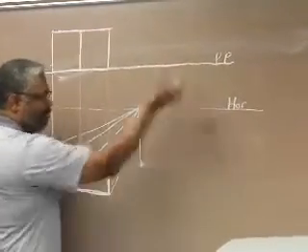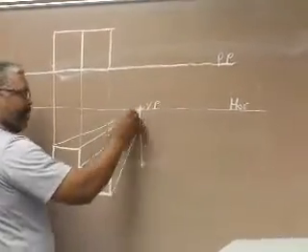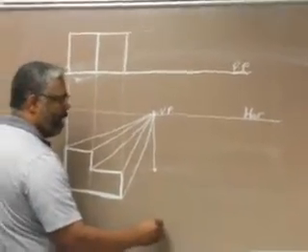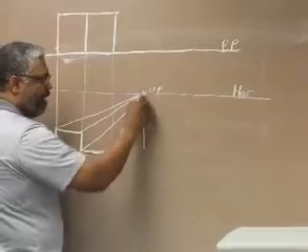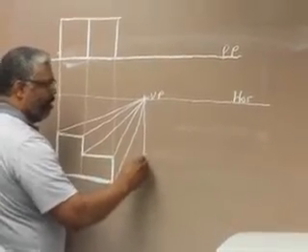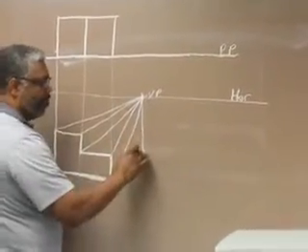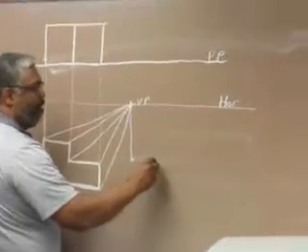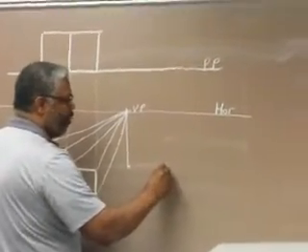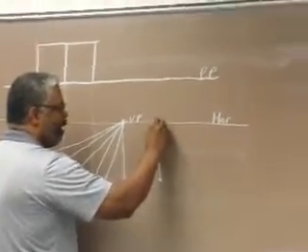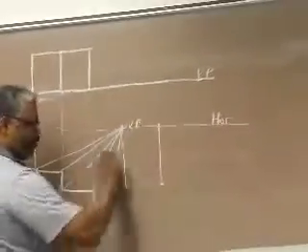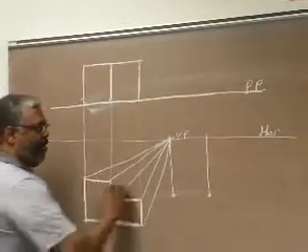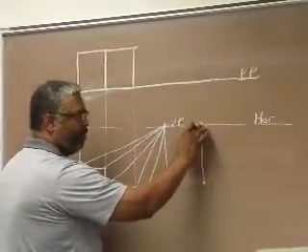So the horizon can move up and down. Station point goes where the horizon is at. It sits on the horizon, but the vanishing point moves. It's located in line with the station point. So if I change my station point over here, my vanishing point has to sit here now, and then my lines that go back to show the depth converge at the vanishing point.